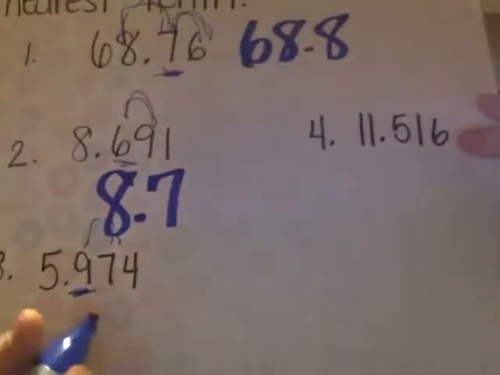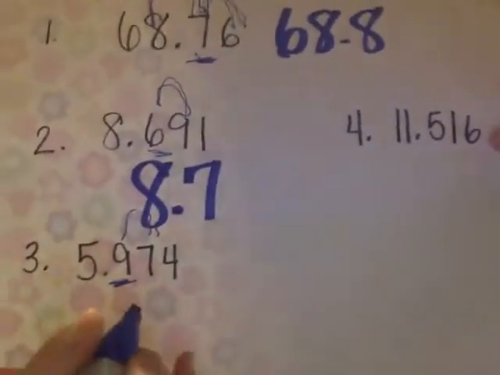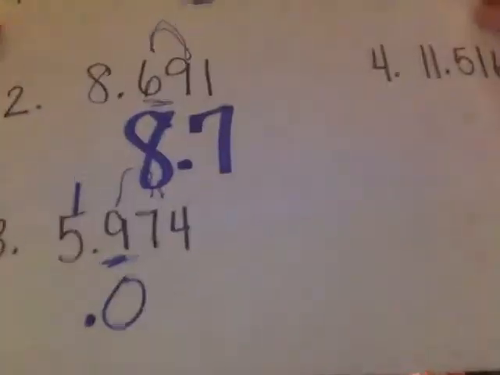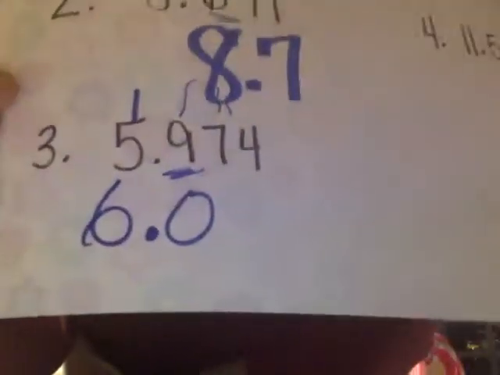It's kind of like adding. I'm going to put my 0 and carry my 1. So that is now 5 and 1, and that makes 6. So my answer to that one would be 6, just 6.